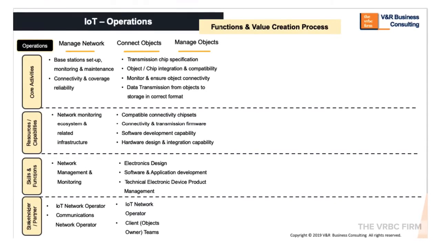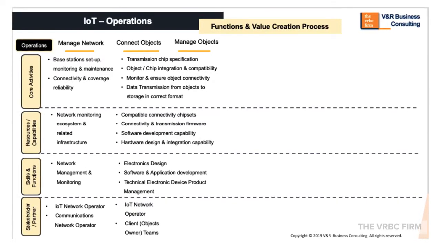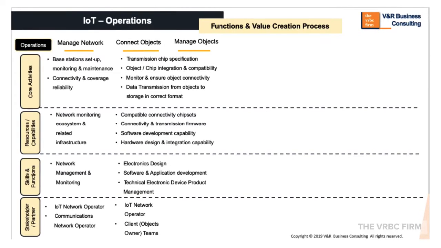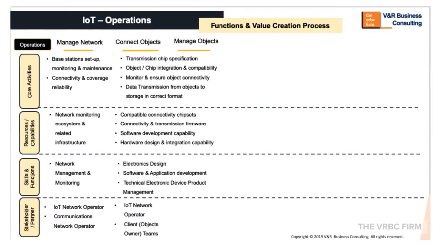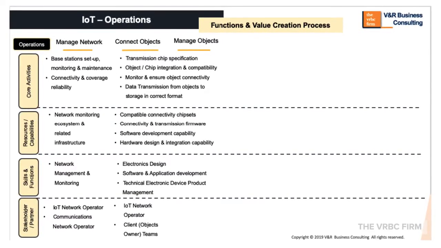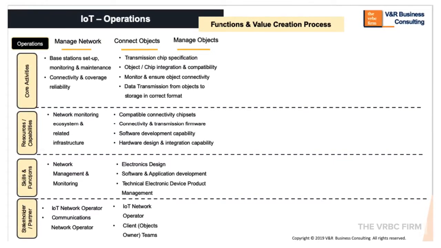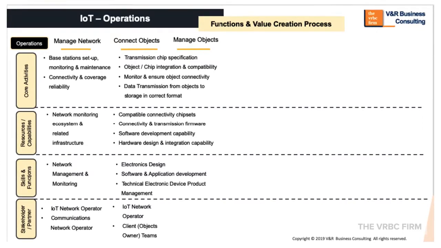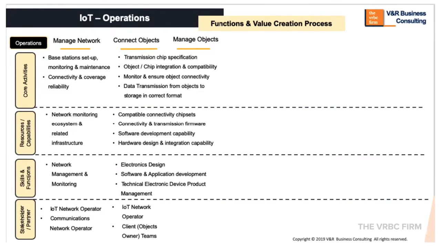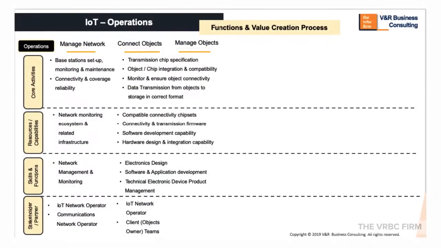As we said before, in the case of a traditionally unconnected object such as a gas heater, it's a matter of attaching a combination of a sensor and the specialized IoT network-compatible transmission device to the heater, whereas in the case of an electronic device, there might be some software development and integration required.